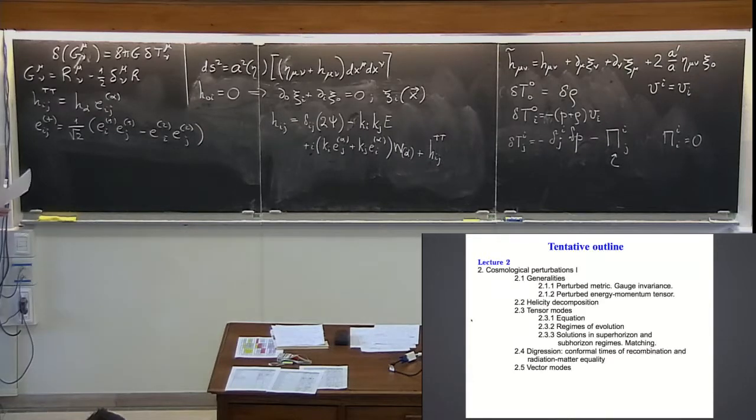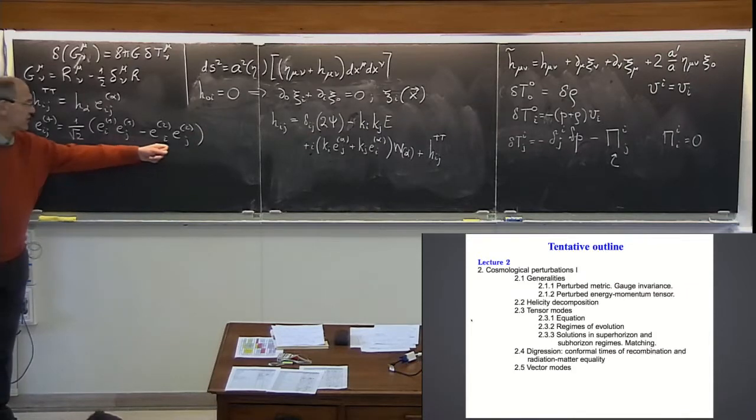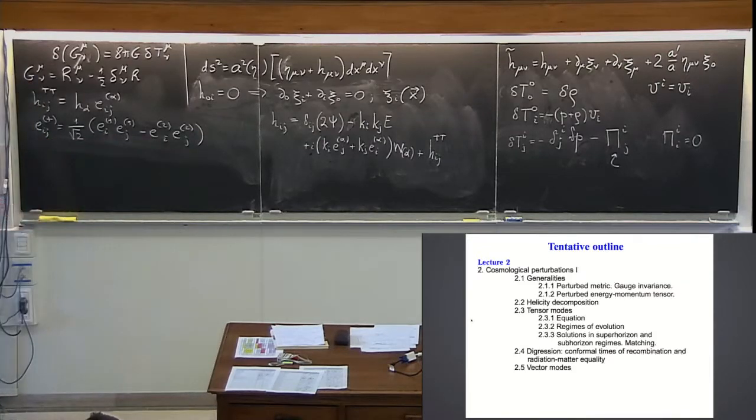Obviously its trace is equal to 0, because the trace of this is 1, the trace of that is minus 1, and it is also transverse.